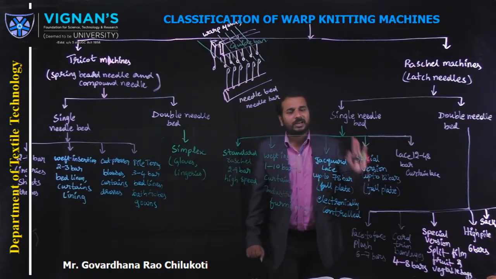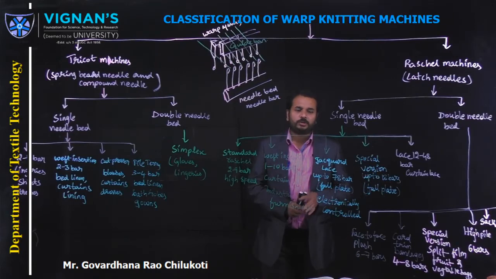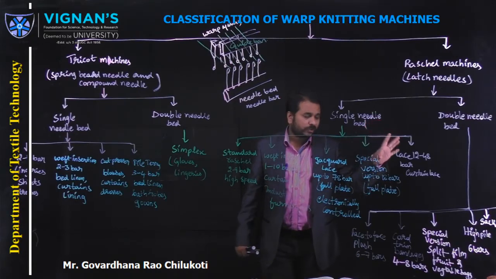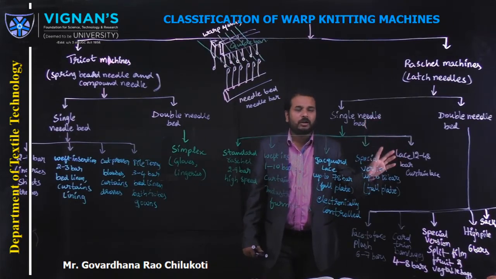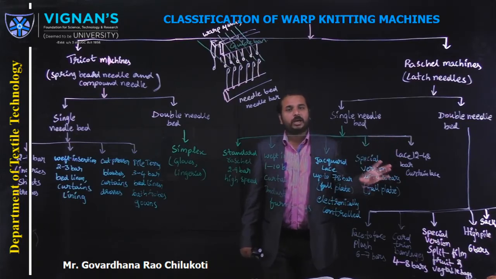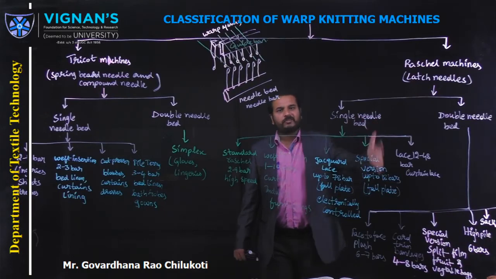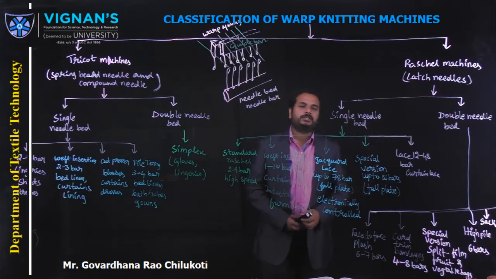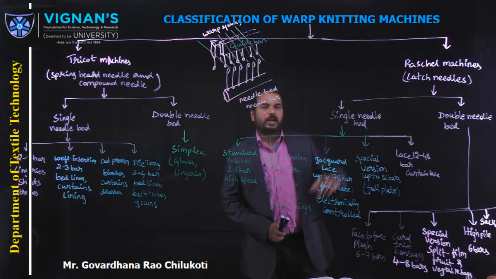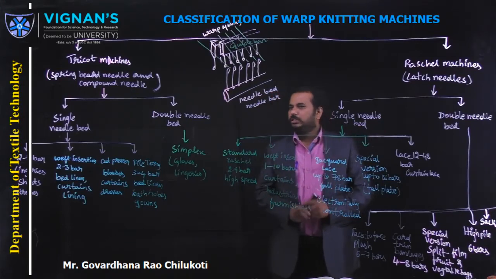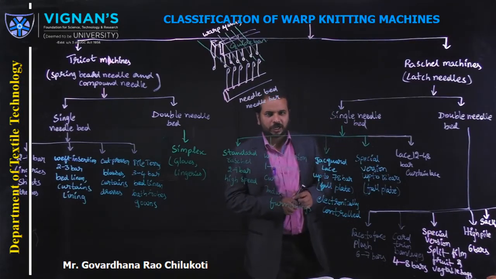And specifically raschel knitting machines are going to produce industrial furnishings and laces and all. So very complicated structures or different effects in the fabrics are produced in the raschel knitting machines. So this is the complete classification chart.